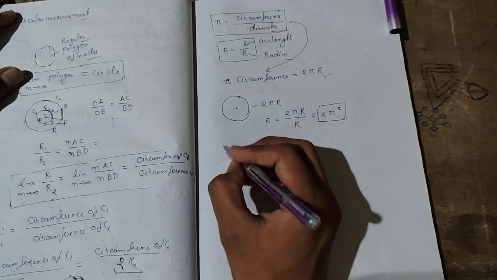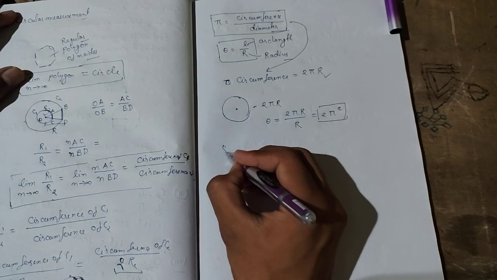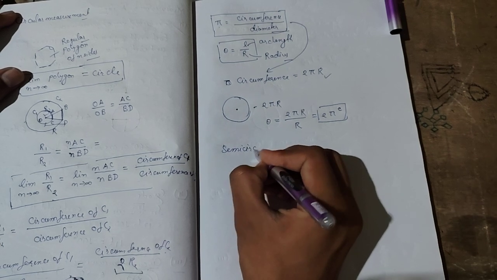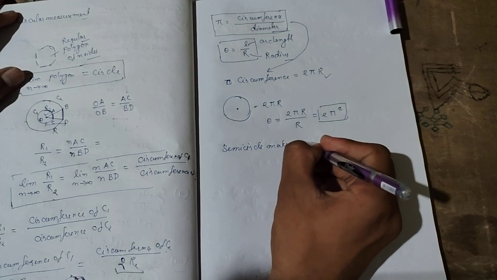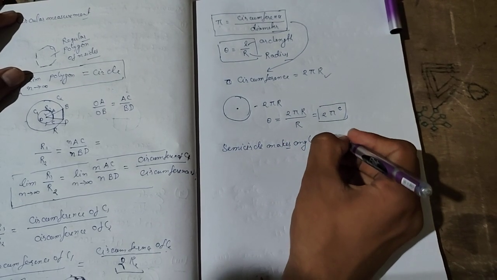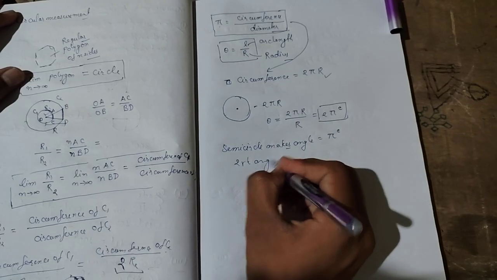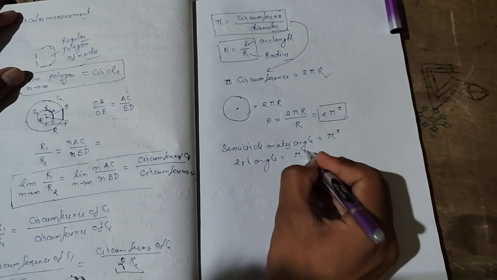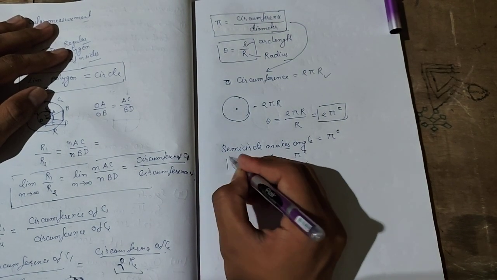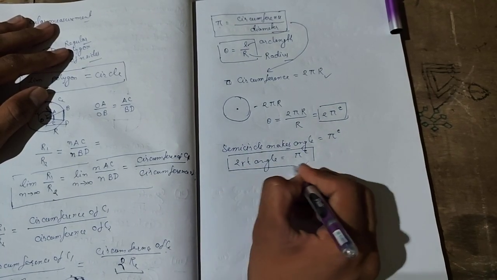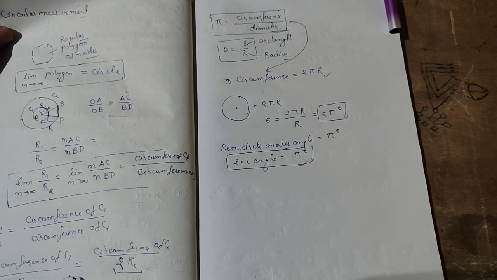Then a half circle, a semicircle, makes an angle of pi radians, or we can say that 2 right angles make pi radians. And that's the last definition of circular measurement.